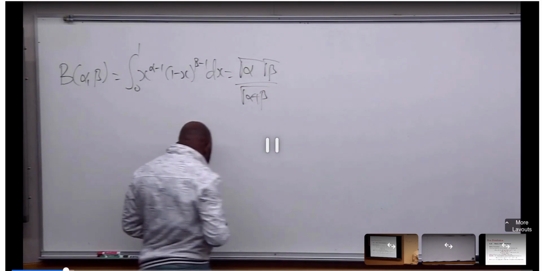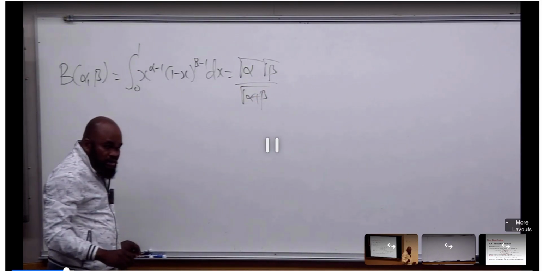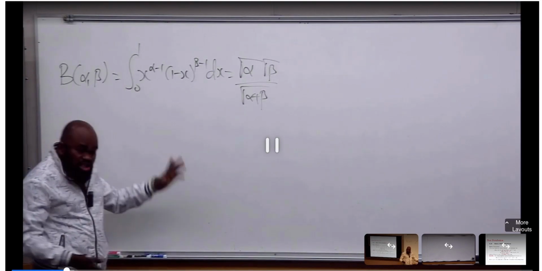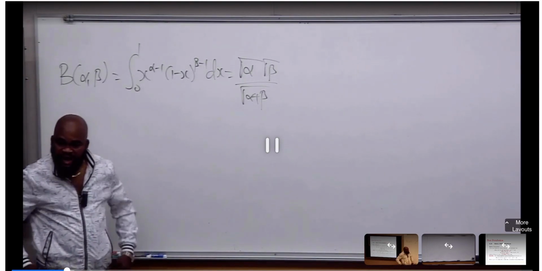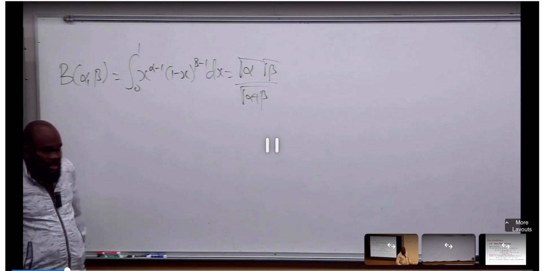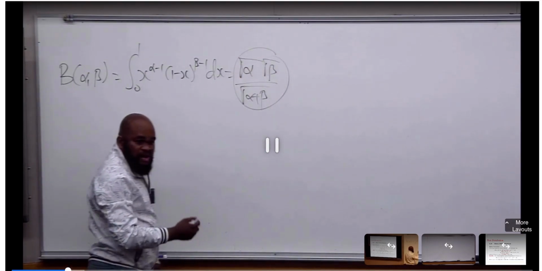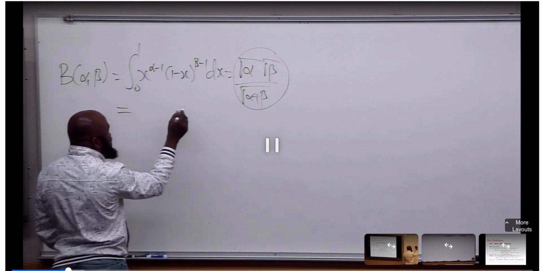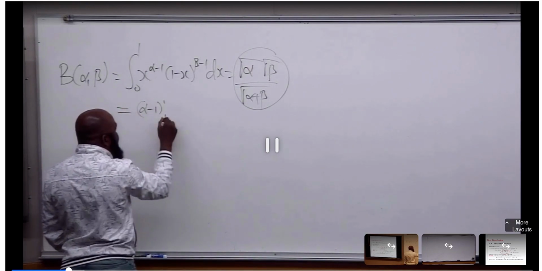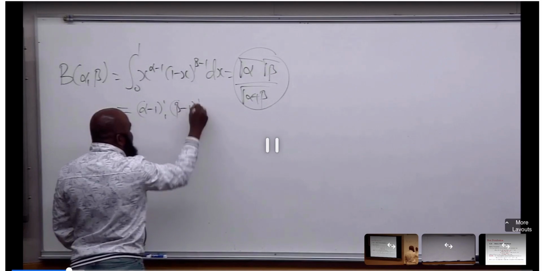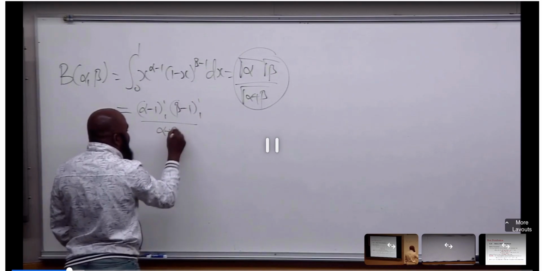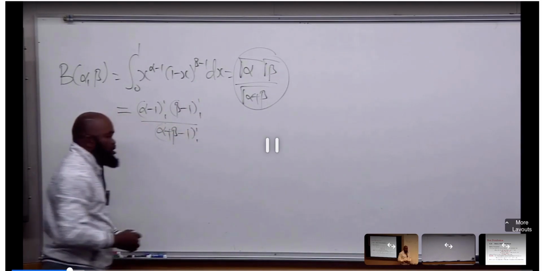The integral derivation is going to be equal to the non-integral derivation. And we can also rewrite that as alpha minus 1 factorial, beta minus 1 factorial, divided by alpha plus beta minus 1 factorial.